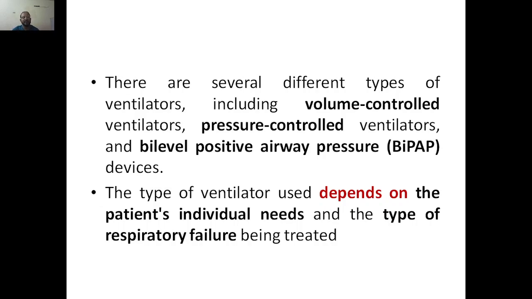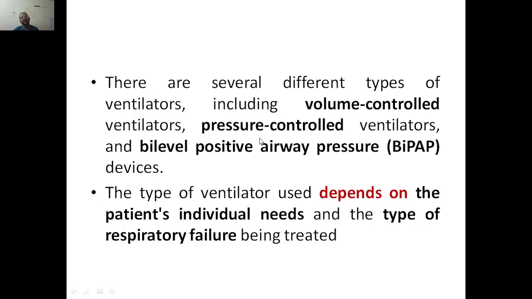Next, the type of ventilator used depends on the patient's individual needs. Sometimes the patient is breathing and the flow rate is proper, but the volume is not coming properly. At that time we use volume controlled ventilators. Whenever we need to adjust the flow rate, we use pressure controlled ventilators.